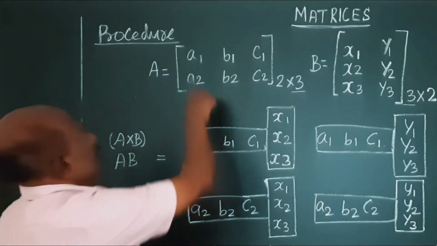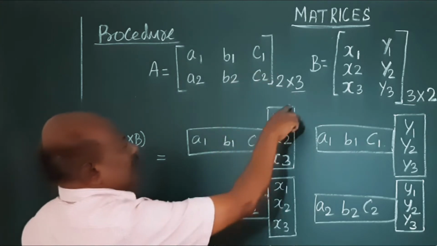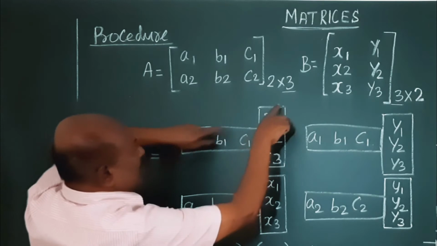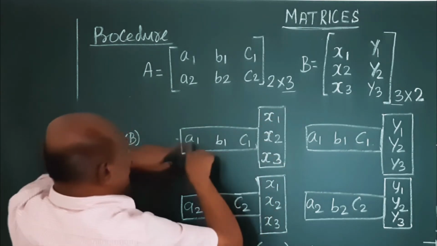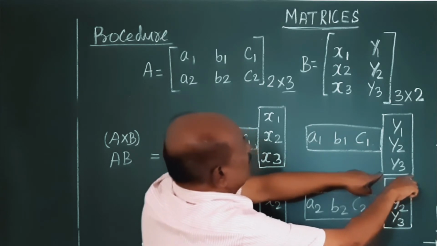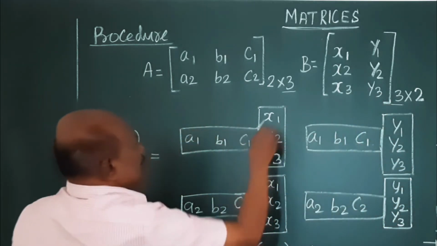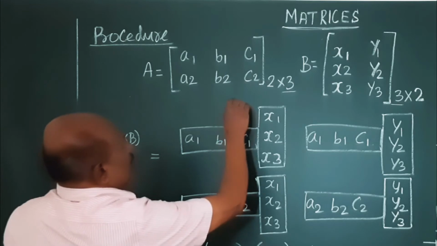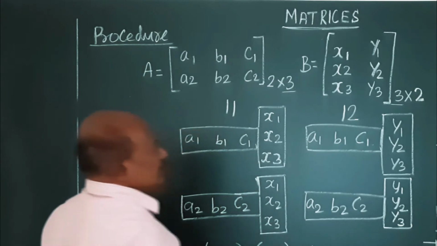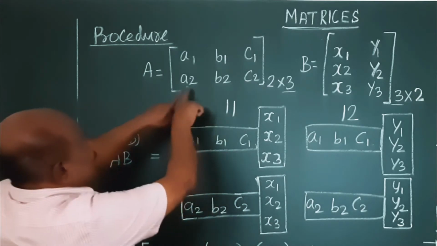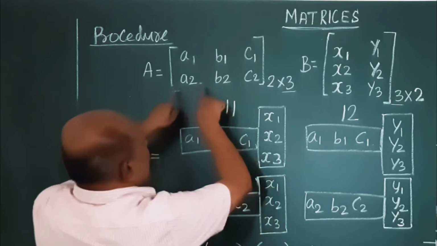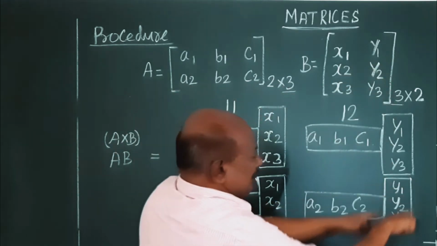You write like this: first row with first column, first row with second column, then second row with first column, second row with second column.